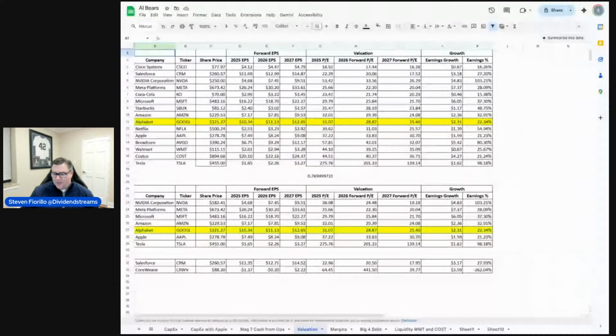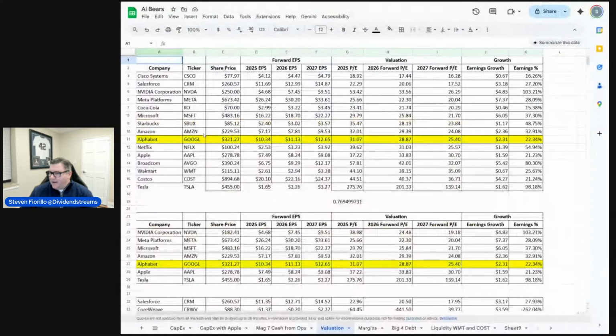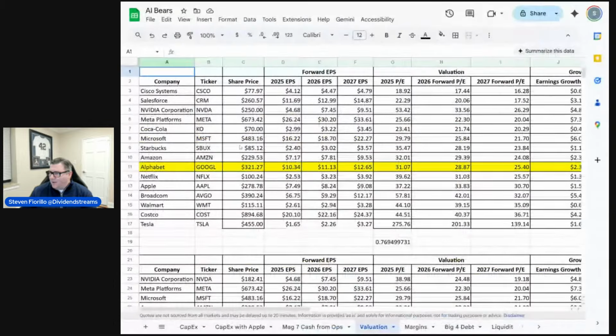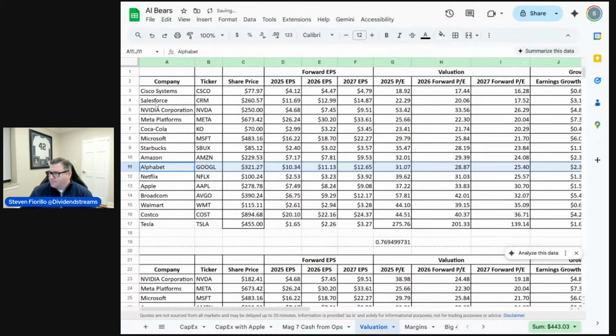Let's bring this up. Let's get Alphabet unhighlighted. Let's highlight Salesforce. So Salesforce on a forward basis now is trading at 22.29 times this year's earnings.